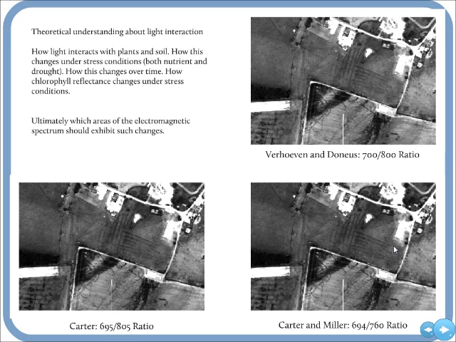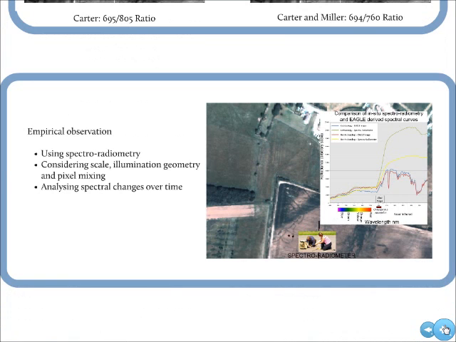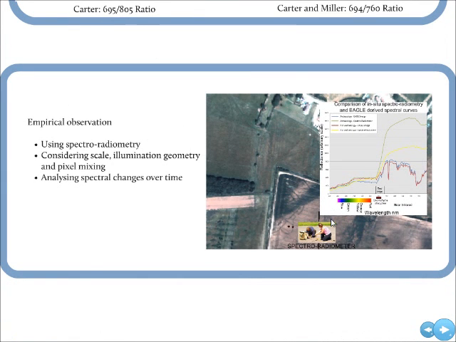And we can do this by empirical observation. And here we're comparing the spectroradiometry, and we can look at issues of scale, illumination geometry, and pixel mixing, because the ground-based measurements are sometimes very difficult to apply directly to the imaging itself. But because we've got these ground-based measurements at a much more refined temporal interval, we can model things more effectively.